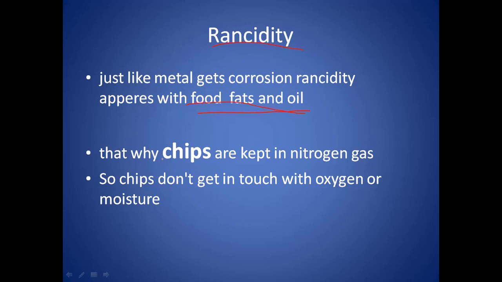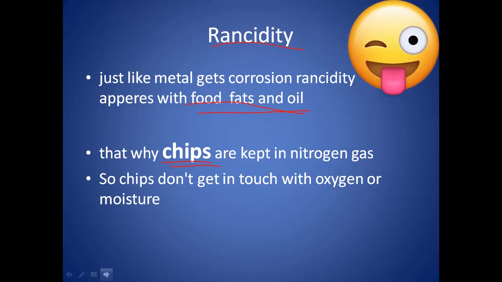That's the reason our beloved chips are kept in nitrogen gas, so that they will not be attacked by oxygen or moisture. Moisture means some kind of water droplets or minute water. Water means H2O, so there is oxygen. So nitrogen will keep it out, and nitrogen will not react as quickly as oxygen or H2O. So it stays fresh as always. With no contact with oxygen or moisture, there is no question of rancidity.